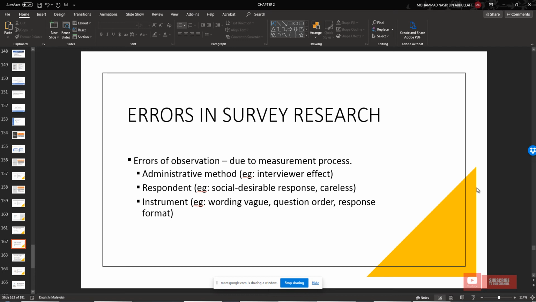So for question order, the basic question should be asked first, but you ask the advanced question first. So this is the error that you need to look into. And response format also is a very important part in designing a questionnaire instrument. Right.